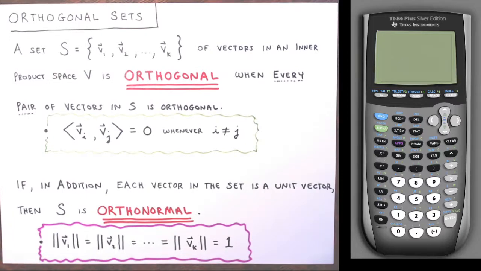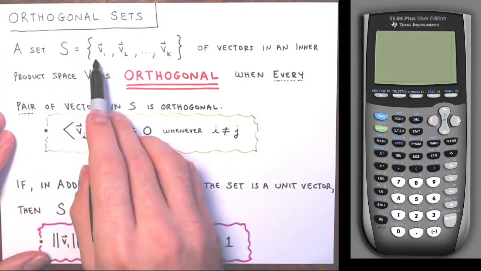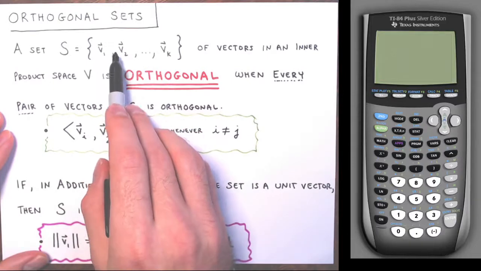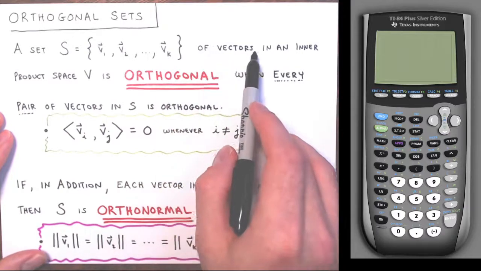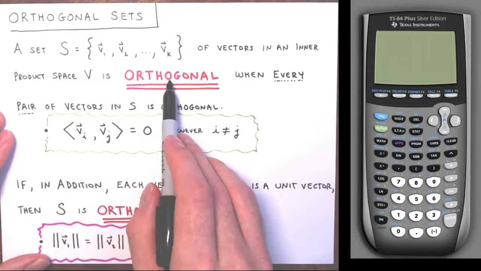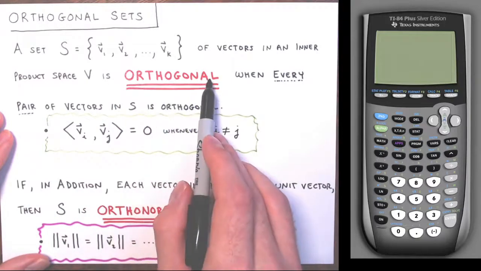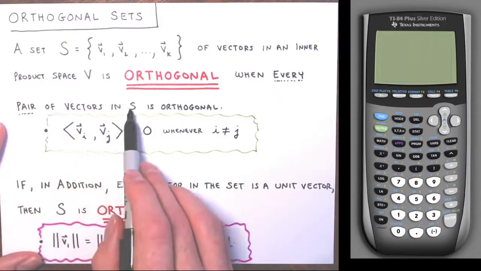So, what does it mean for a set of vectors to be orthogonal? A set S containing vectors, say v1, v2, all the way up to say vk, in an inner product space V is called an orthogonal set, or is just orthogonal, when every pair of vectors in S is orthogonal.